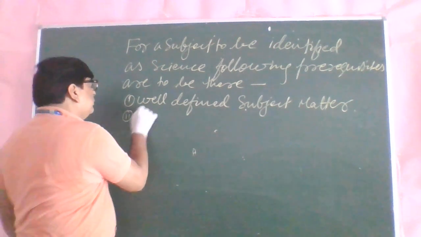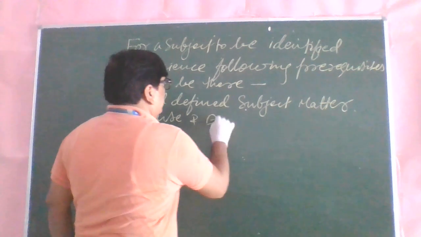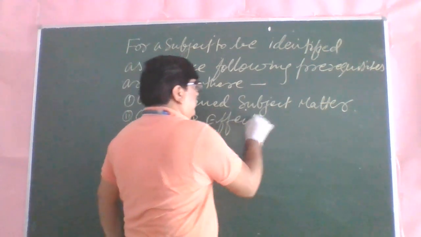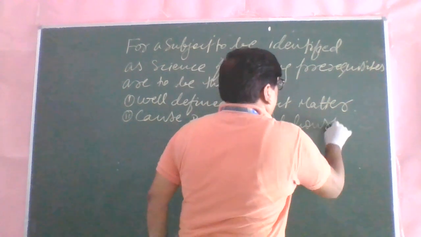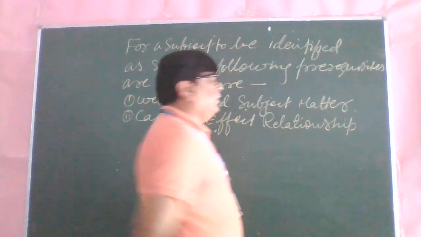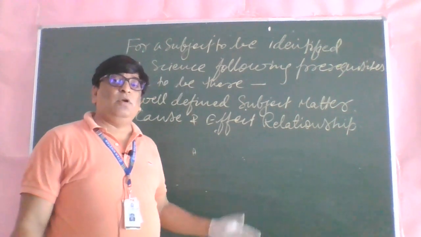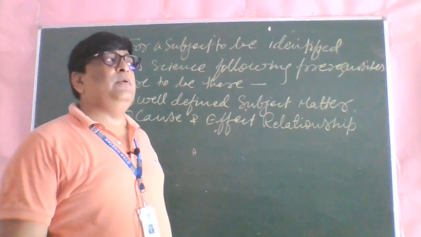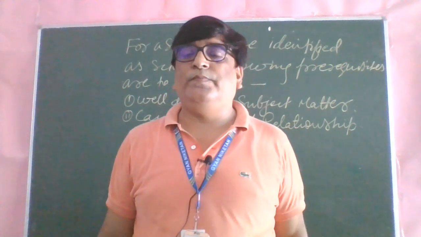Number two, cause and effect relationship. This is one of the essential prerequisites for a subject to be identified as science.